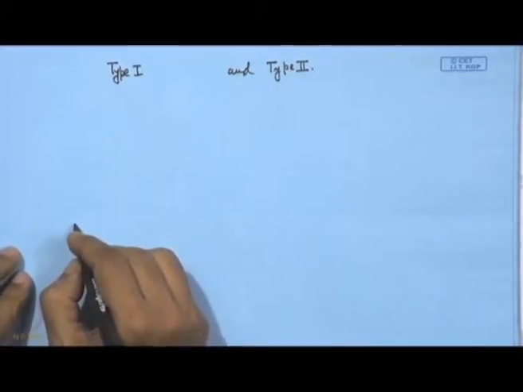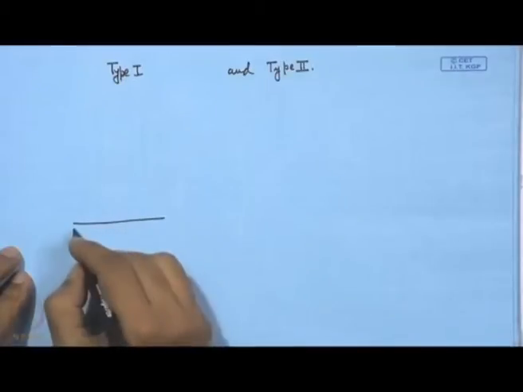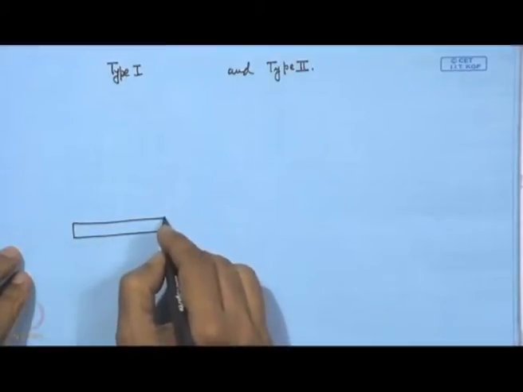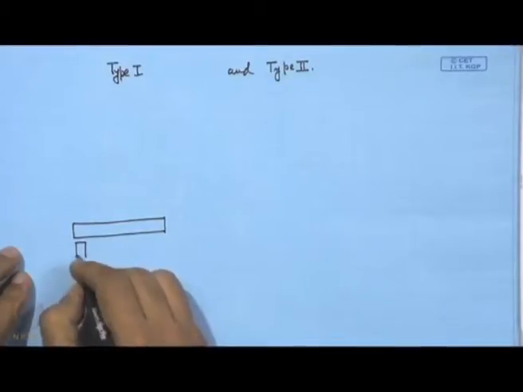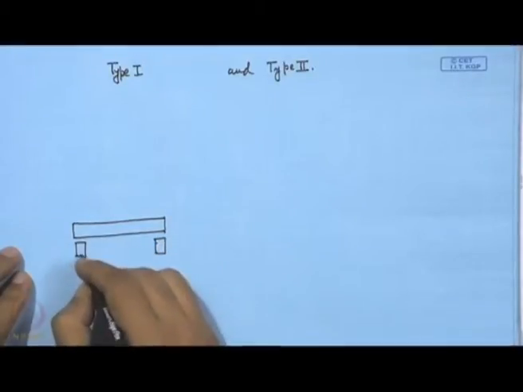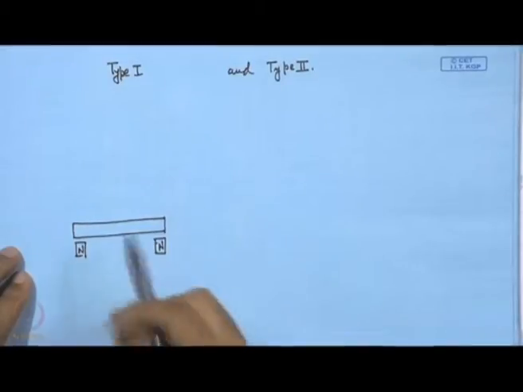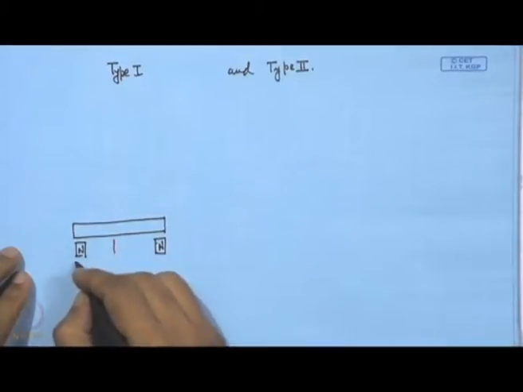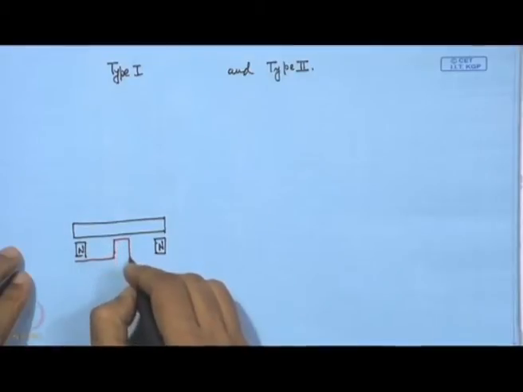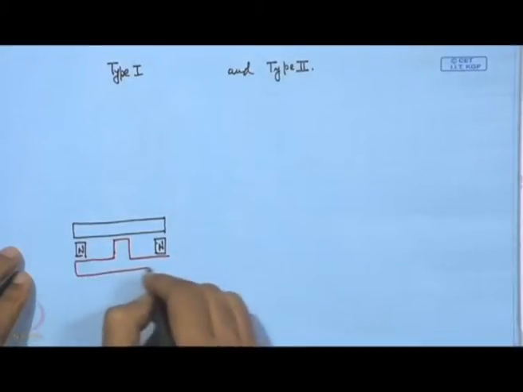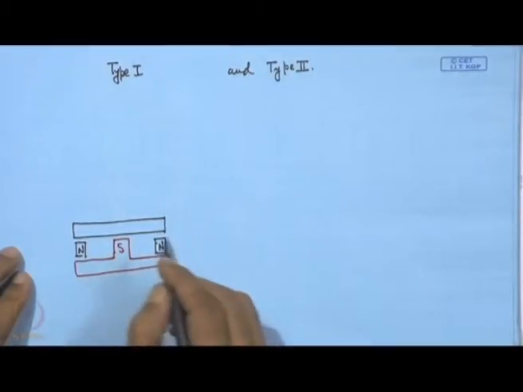In type 1 we have the north pole and the central one, that is the south. This is the magnetic pole piece.